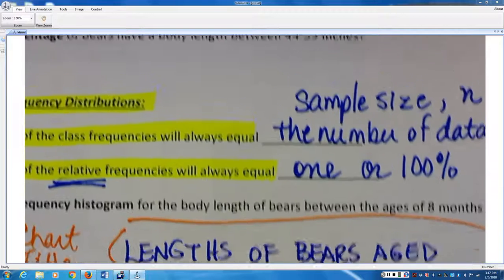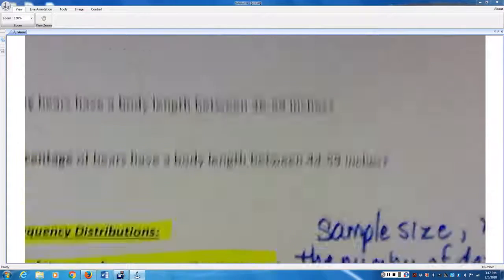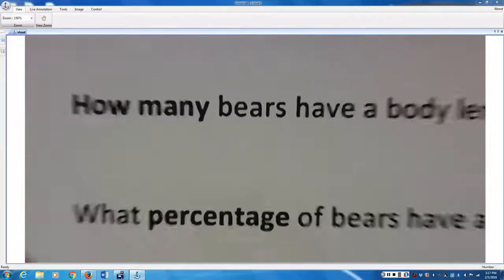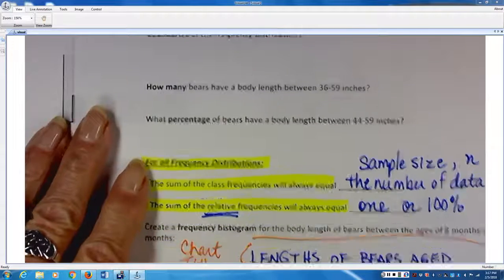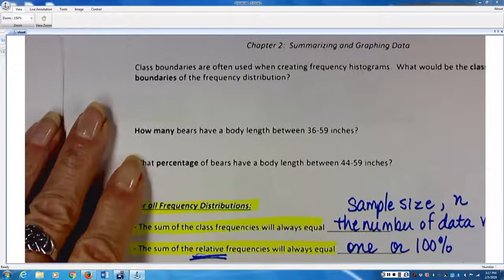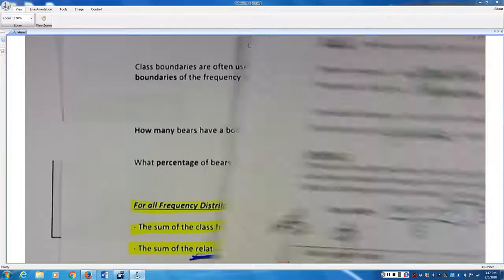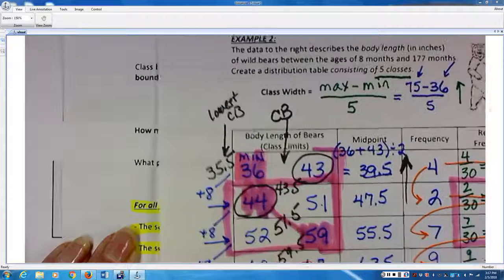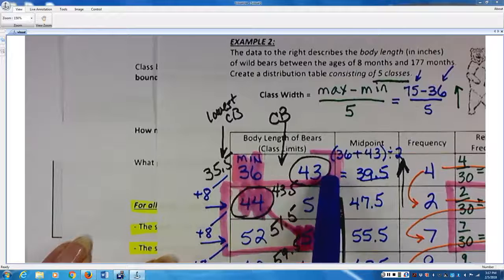And I don't remember if we answered these last time, so we're going to go ahead and look at them now and make sure that you got them correct at this point. So the class boundaries for our frequency distribution, starting back here with our table, our first class went from 36 to 43.